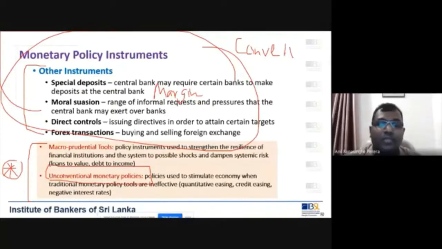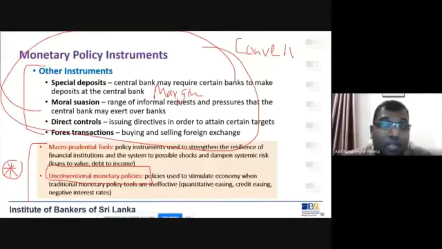Some countries do a method called quantitative easing. I discussed this last week, where the central bank is buying assets, maybe from the public, from the government, whatever, to inject money into the economy. Credit easing is also very similar, buying private bonds to increase the liquidity.